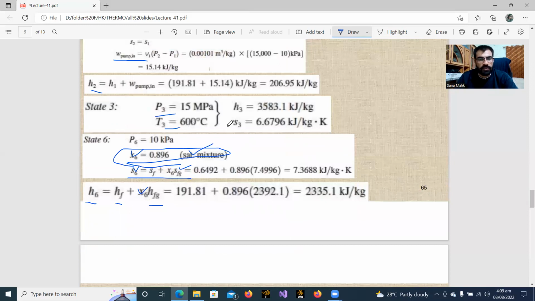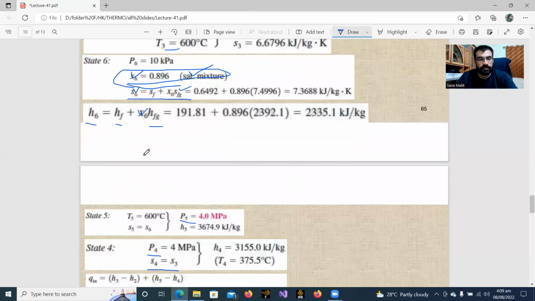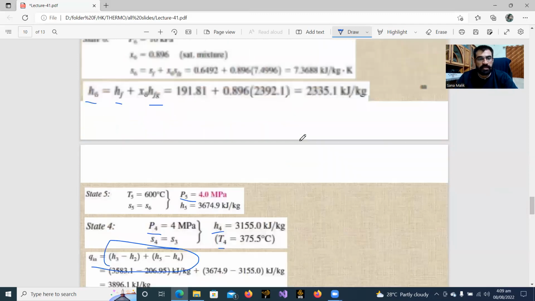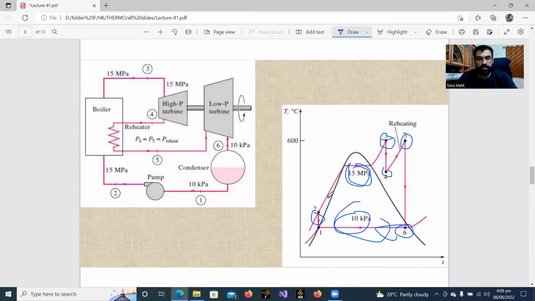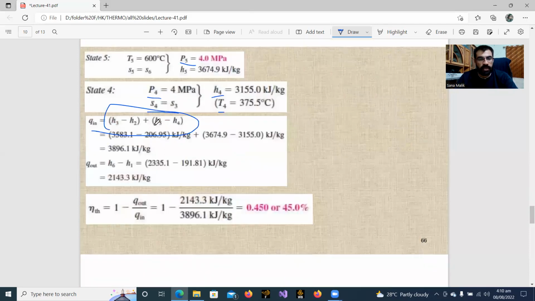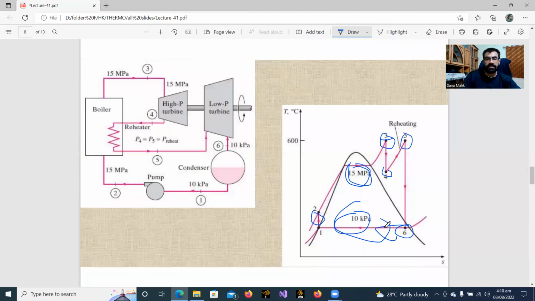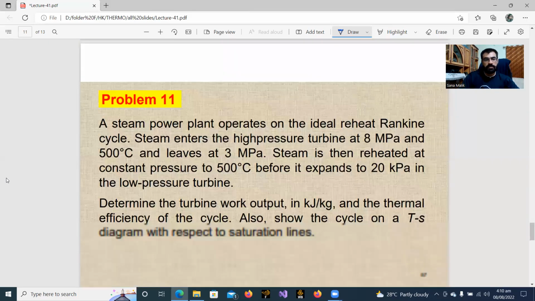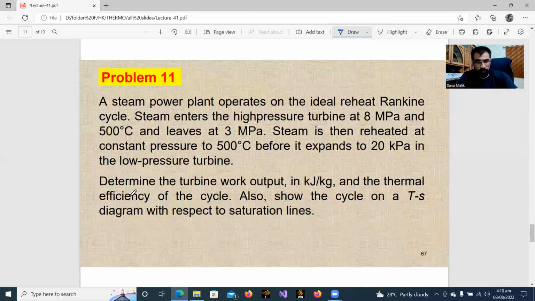We can find H4, T4. Q in will be like this. First Q in will be H3 minus H2. Second will be H5 minus H4. Q out, the heat rejected, will be H6 minus H1. Okay, you can find efficiency like this.